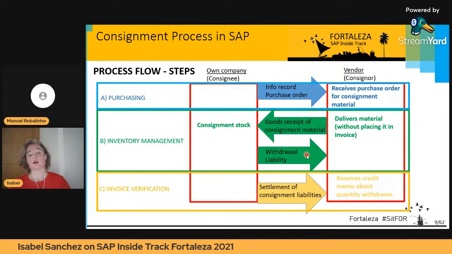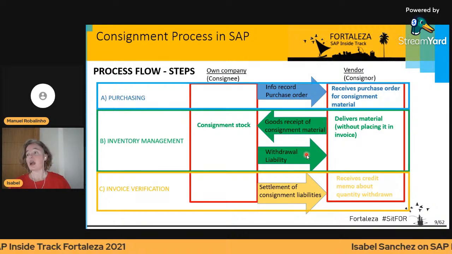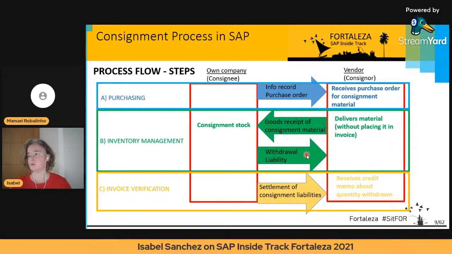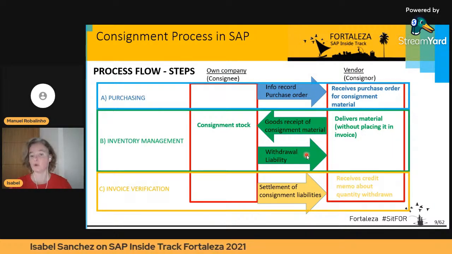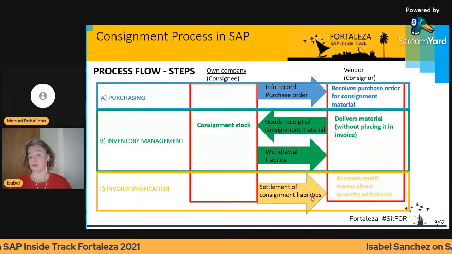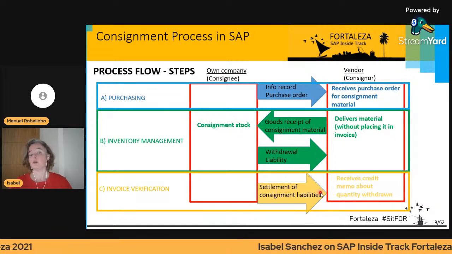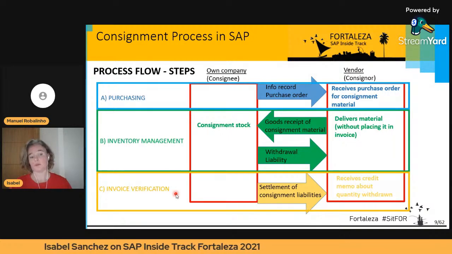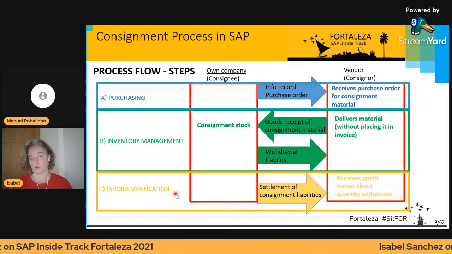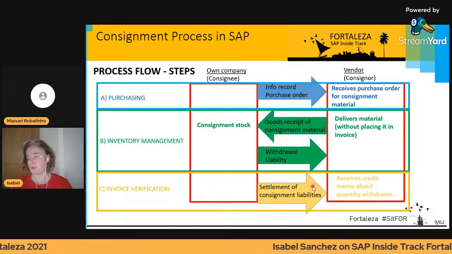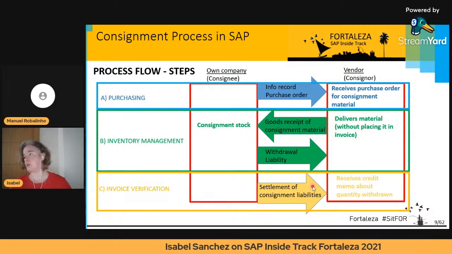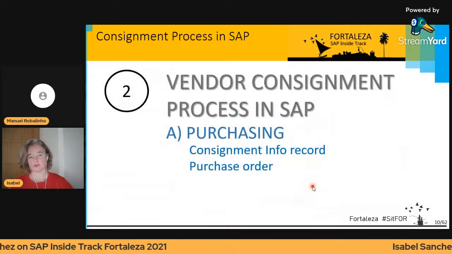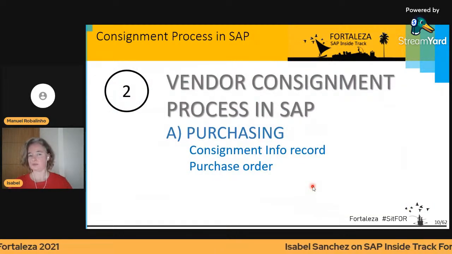In this example, there are 5 items in our own warehouse, not in a consignment warehouse, and we set liability for this withdrawal. And this is the moment of invoice verification, where you create an invoice and a financial document. So let's move on. The first step is purchasing.